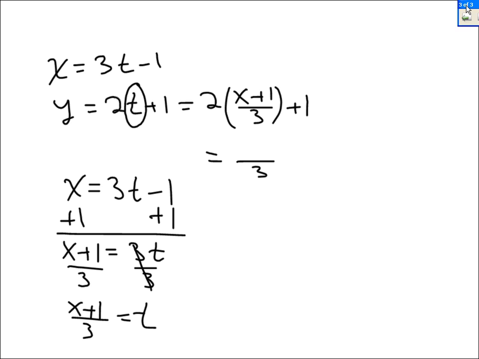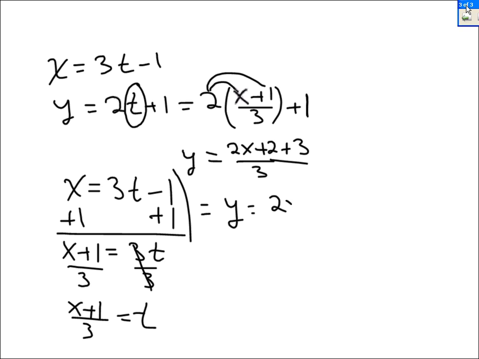So it's 2x plus 2 over 3. The 1, I'm going to write as 3 over 3. Cleaning this up a little bit, I get y is equal to 2x plus 5 over 3.